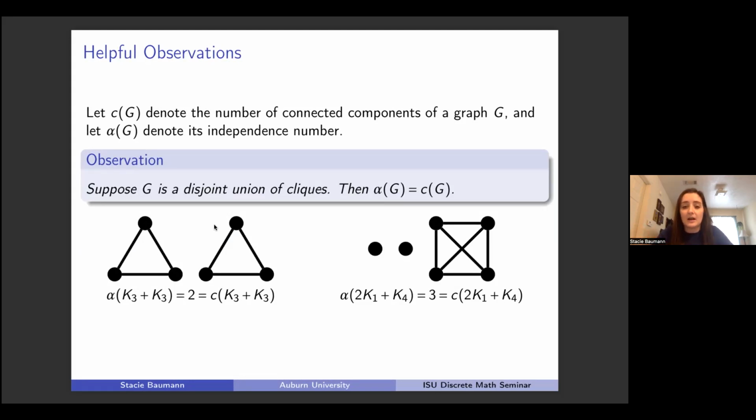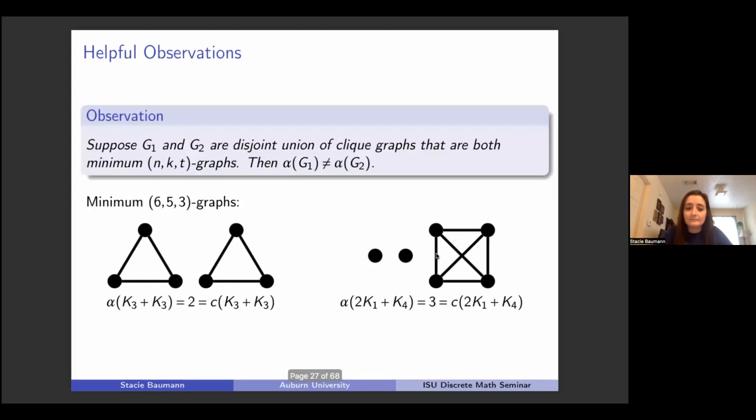So here's a quick observation. This is going to come up a few times later in the presentation. Looking at those 2 examples we just saw, independence number 2 and there's 2 components, and same with this one, which has independence number 3 and 3 components.